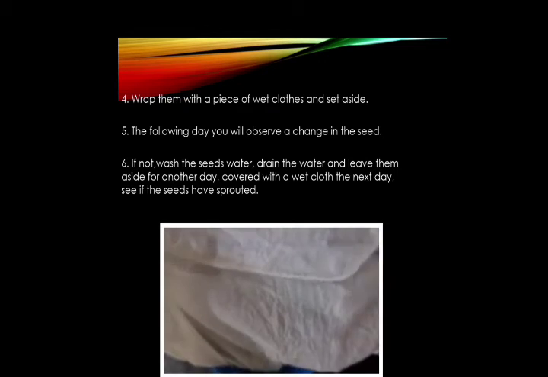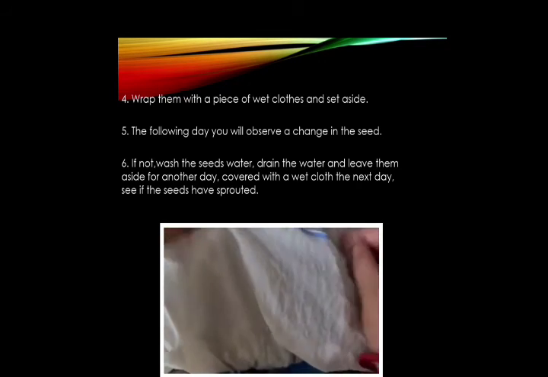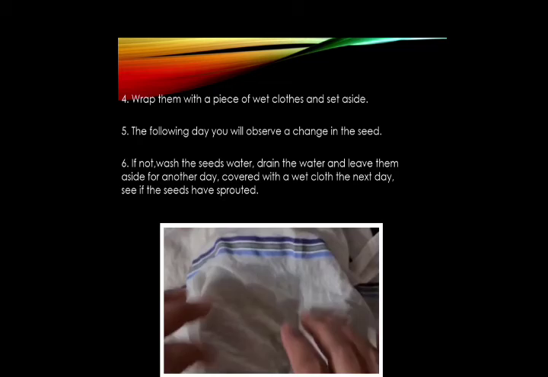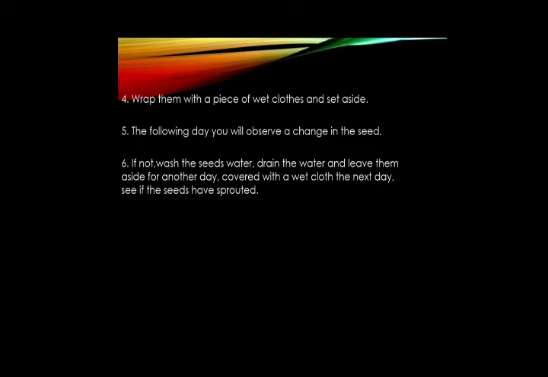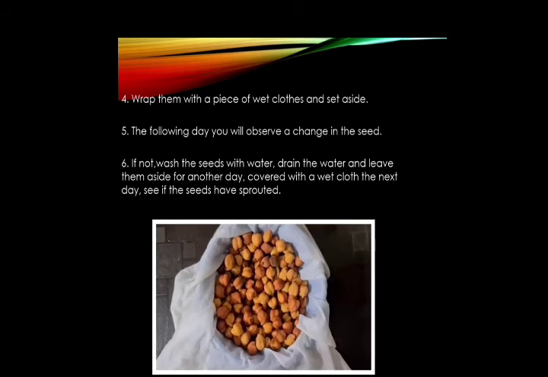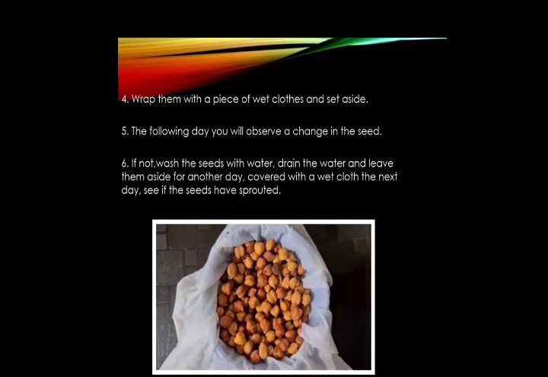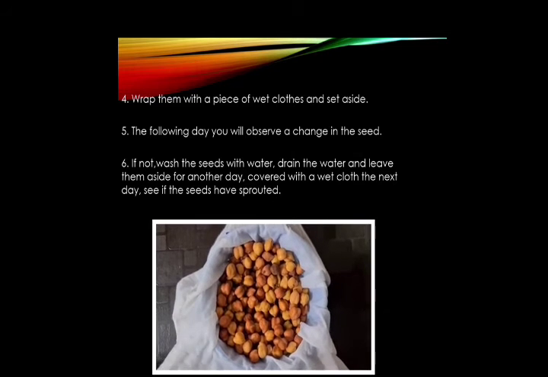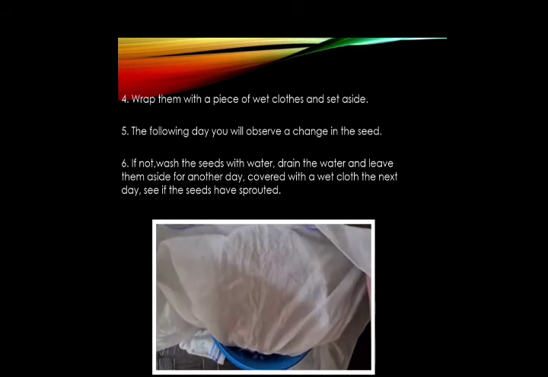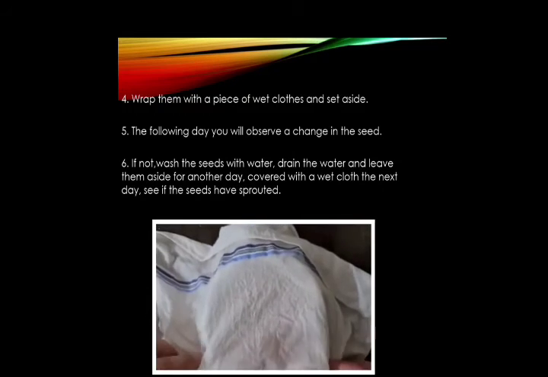The following day, you will observe a change in the seeds. Wash the seeds with water, drain the water and leave them aside for another day, covered with a wet cloth. The next day, see if the seeds have sprouted.